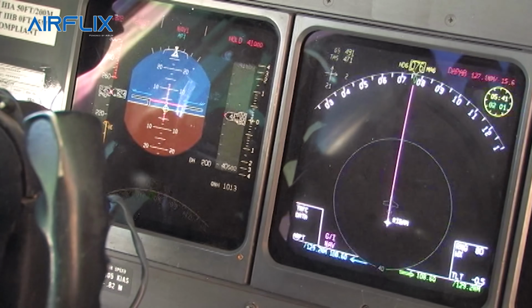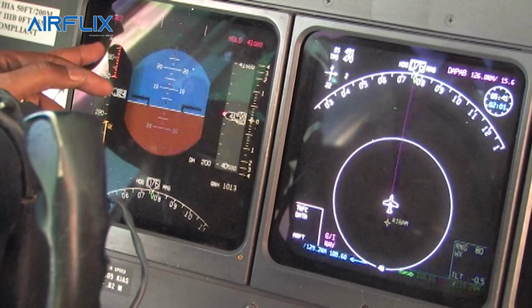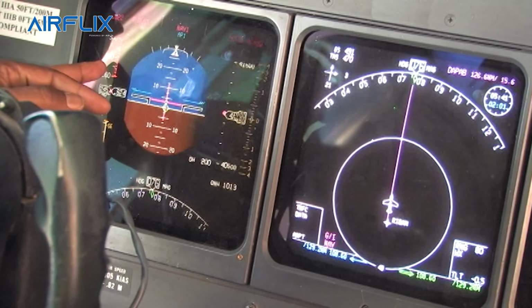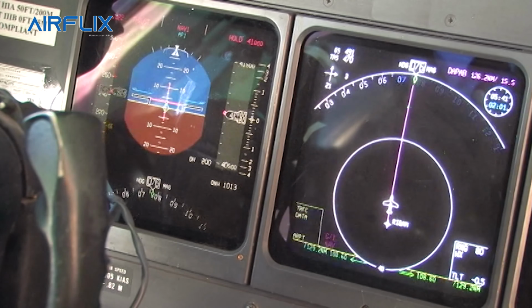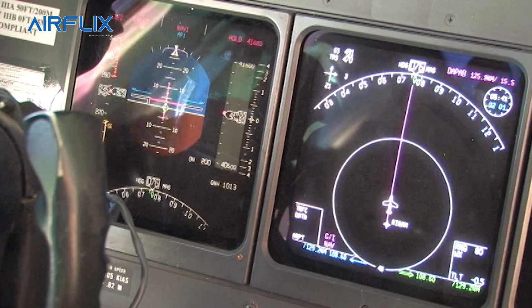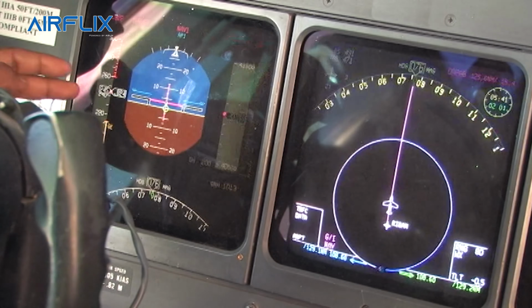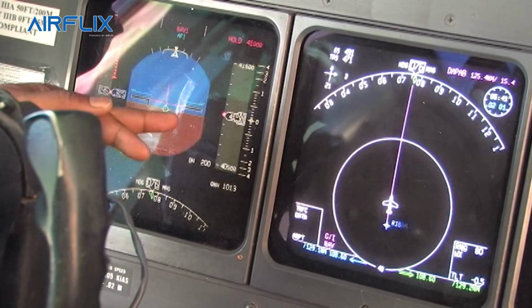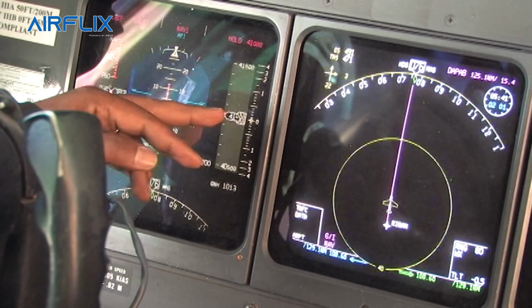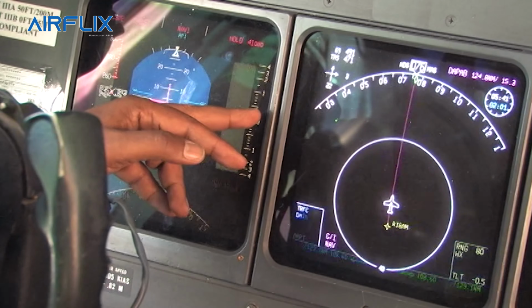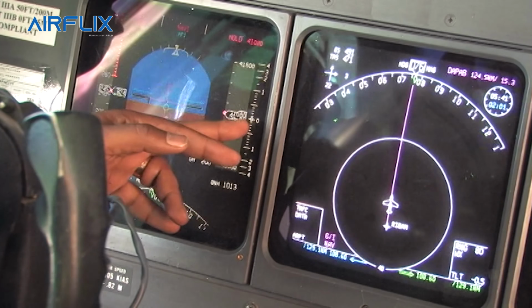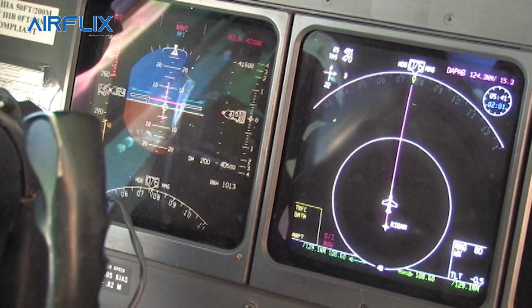And here, as you can see, we have the speed limits, the red ones, the maximum and the lowest limit also. And the actual speed is displayed in the middle. Over on the right side, you have the altitude, and on the right corner side is the vertical speed indicator.